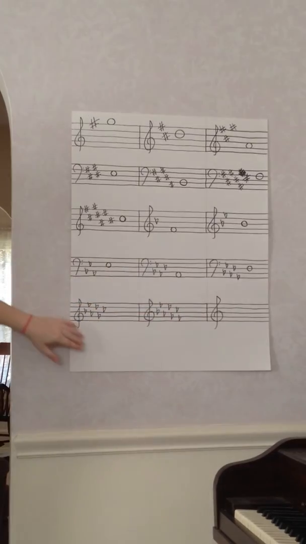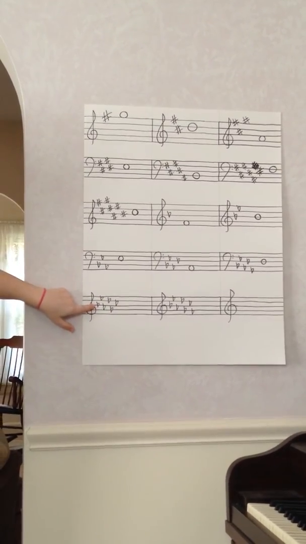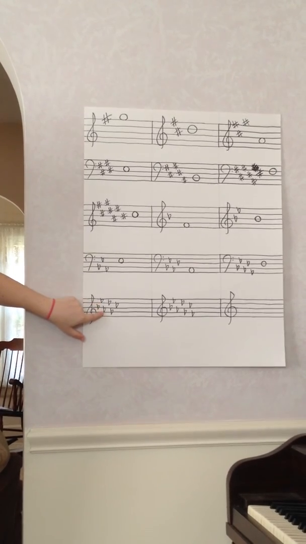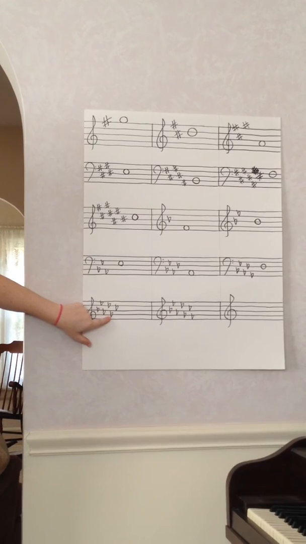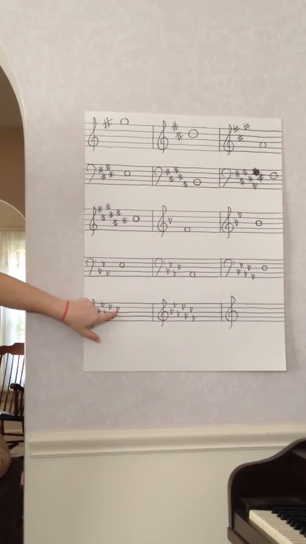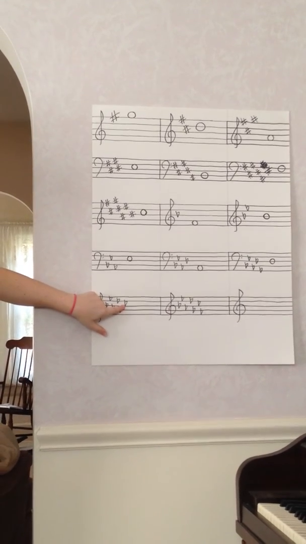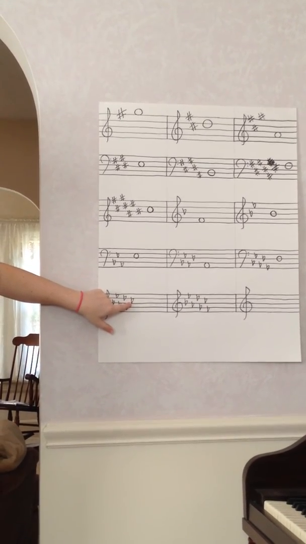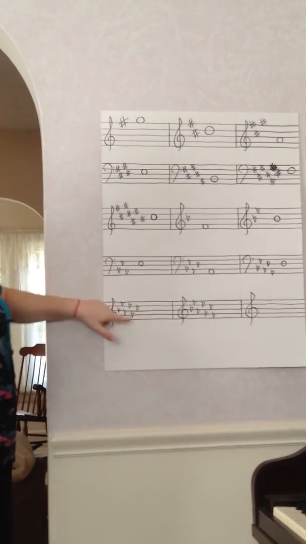All right. And so this key, we keep our B flat, our E flat, A flat, D flat, G flat, and we add a C flat. And remember that C flat is the same as B, right? They sound the same, okay?